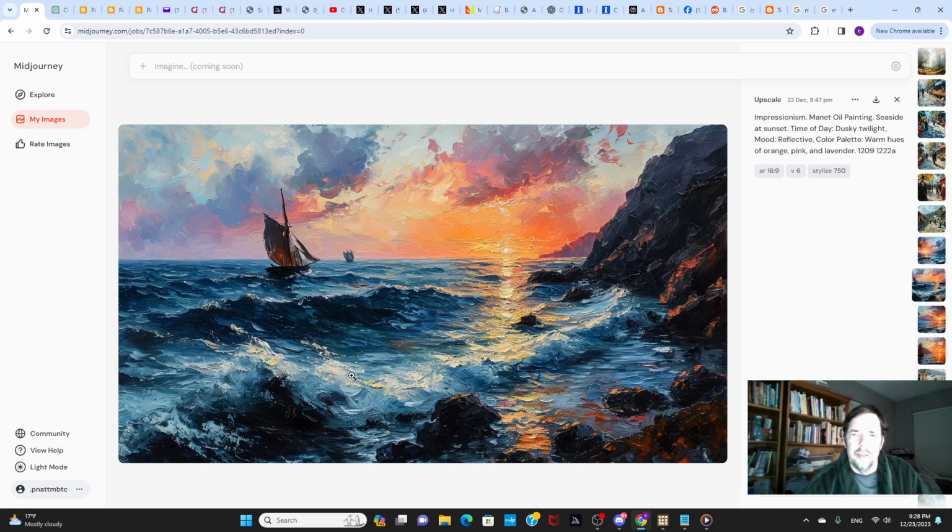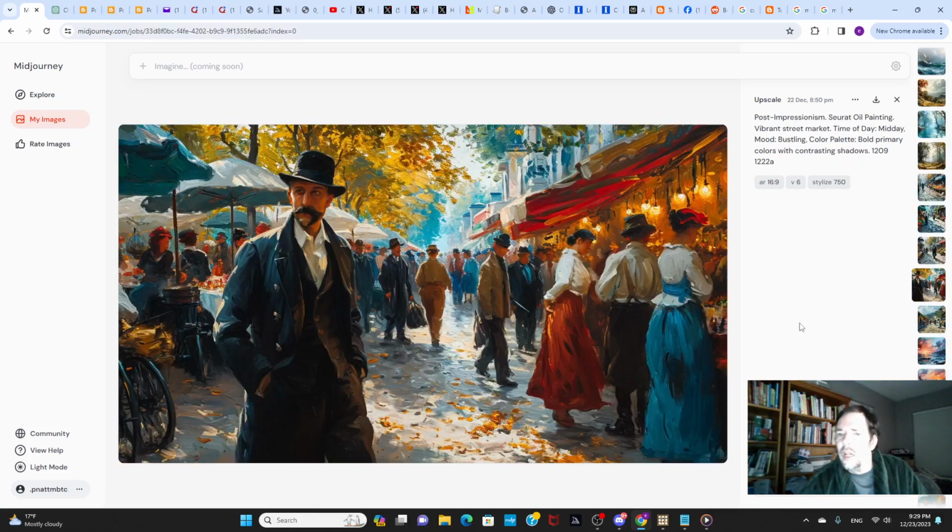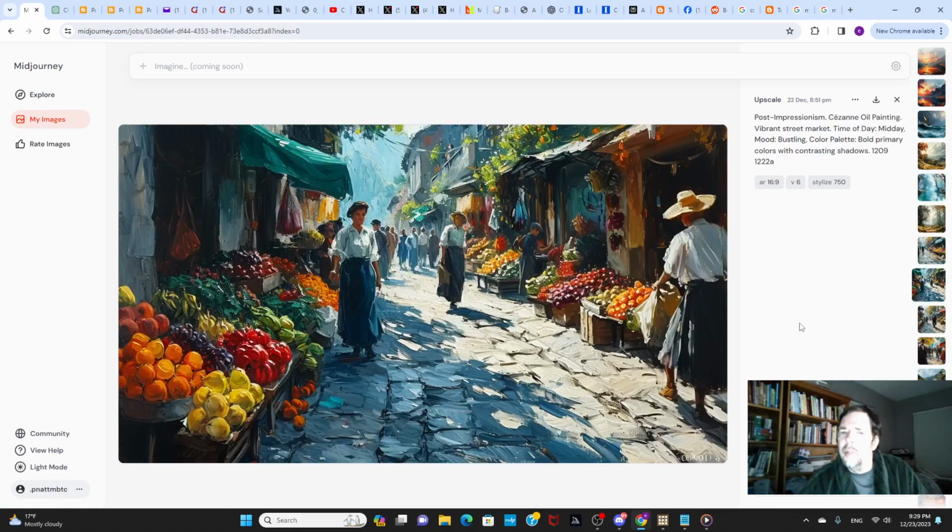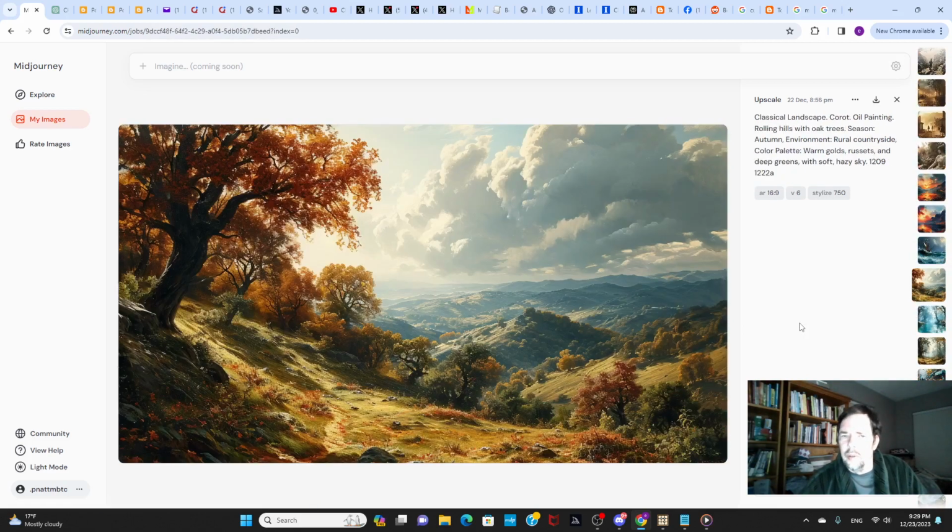If I just saw this picture and was asked whether this was AI generated or a real painting, I don't have a good enough eye to find something here that looks wrong. So this is what I've seen so far that is the most impressive on 6.0. And I'd be interested to see what other people think about the subject.